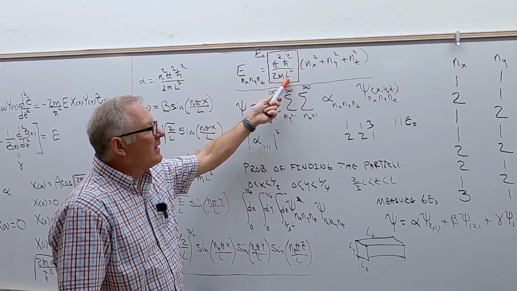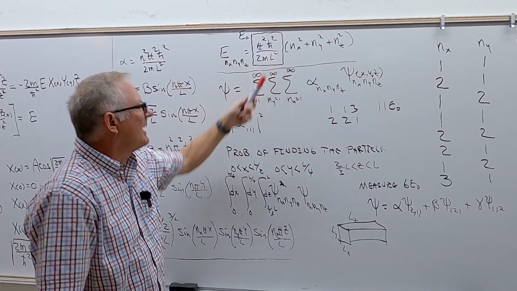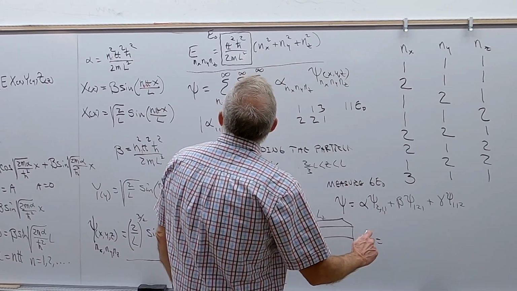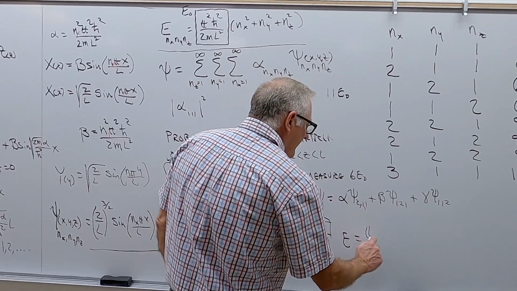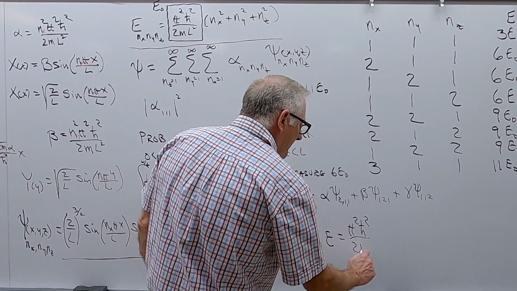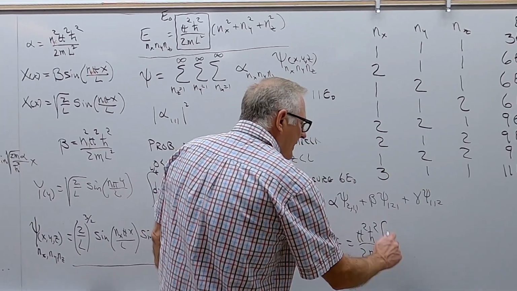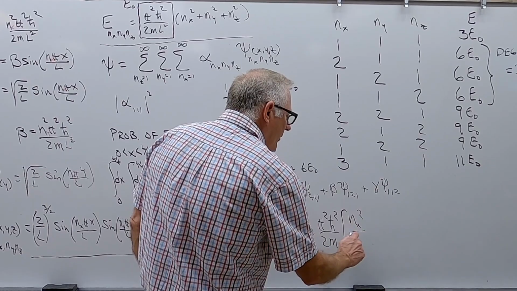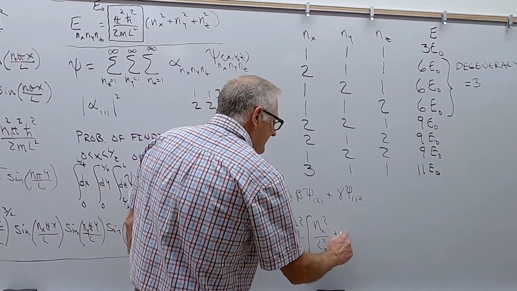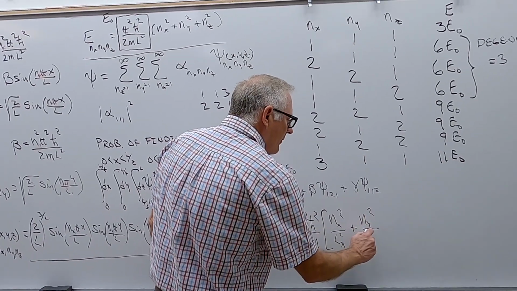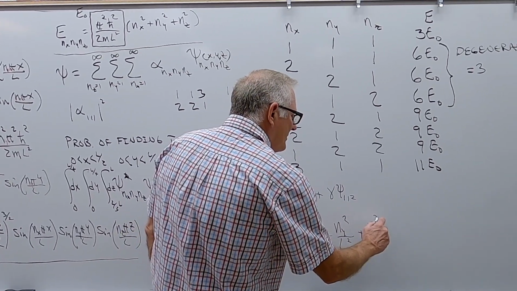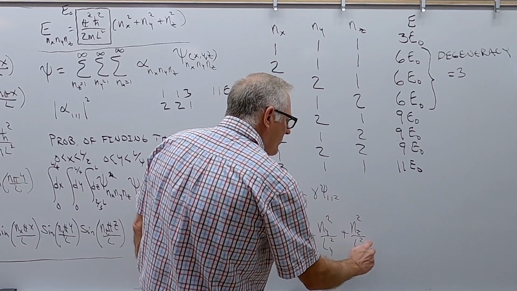I couldn't factor out the L's because they wouldn't all be the same, and the energy would be equal to pi squared h bar squared over 2m, times nx squared over Lx squared, plus ny squared over Ly squared, plus nz squared over Lz squared.